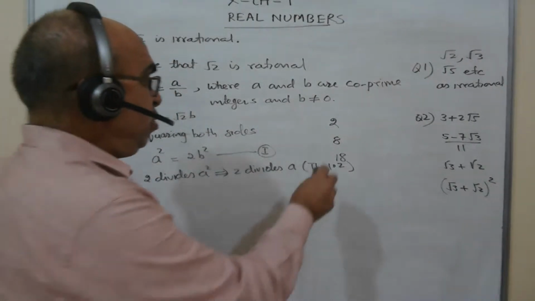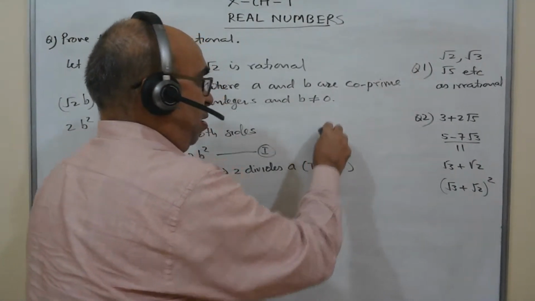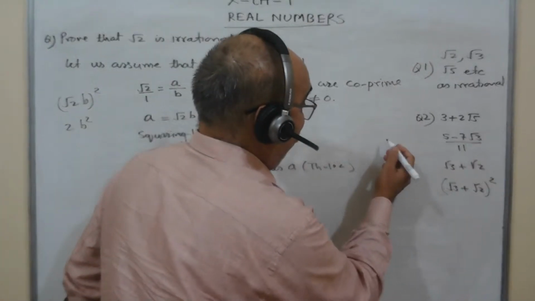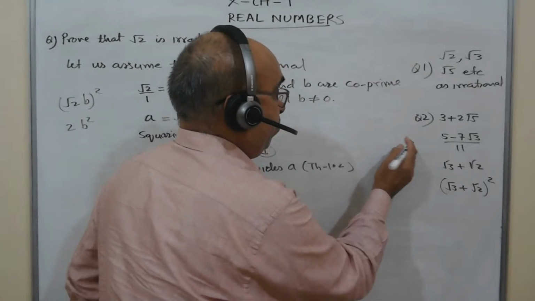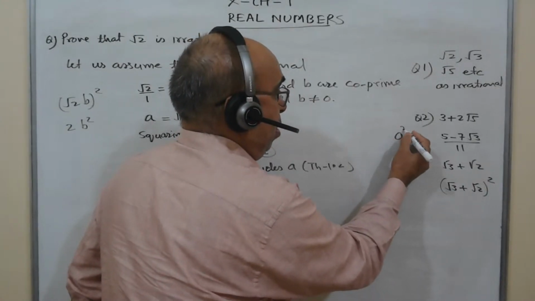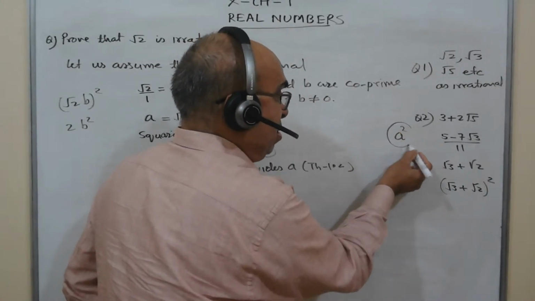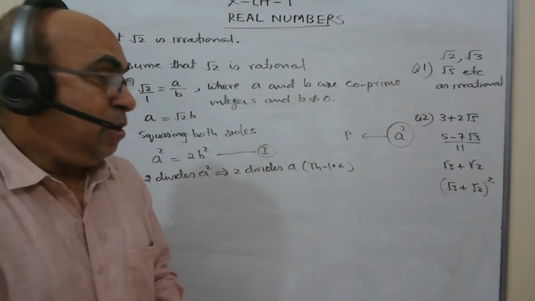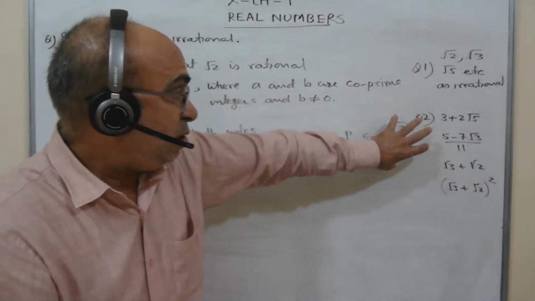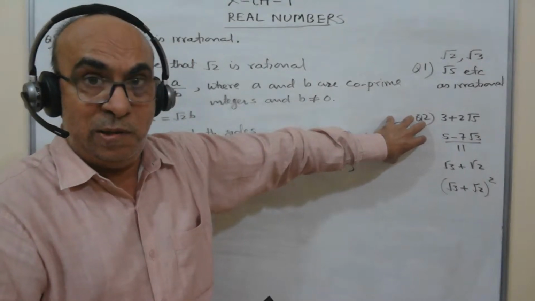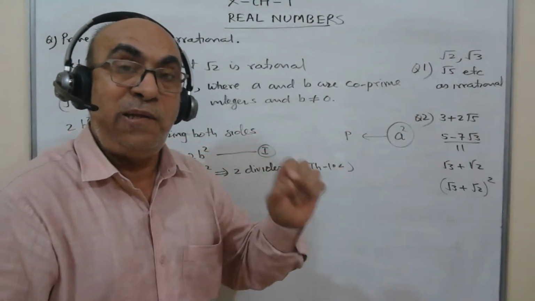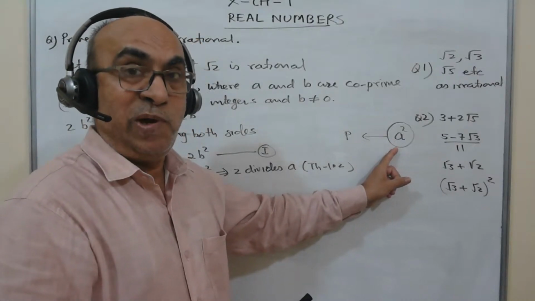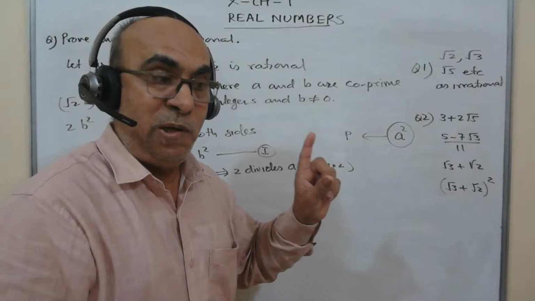Theorem 1.2: when a prime number divides an exponent, this is a square and it is divisible by a prime number. If a prime number divides an exponent, the value of this exponent, then 100% that prime number will divide the base of that exponent. That is Theorem 1.2.